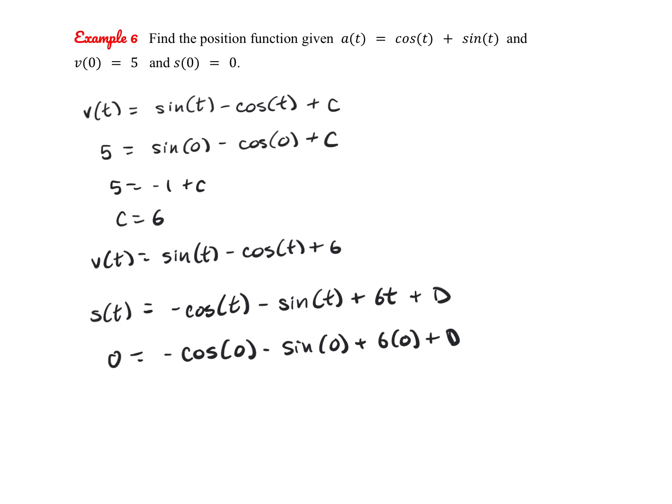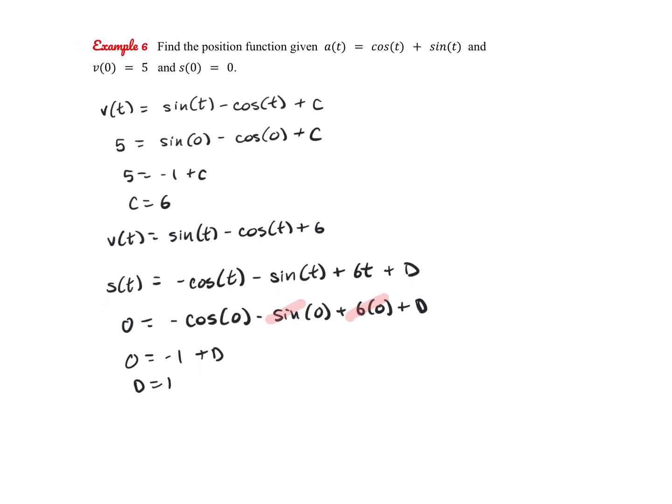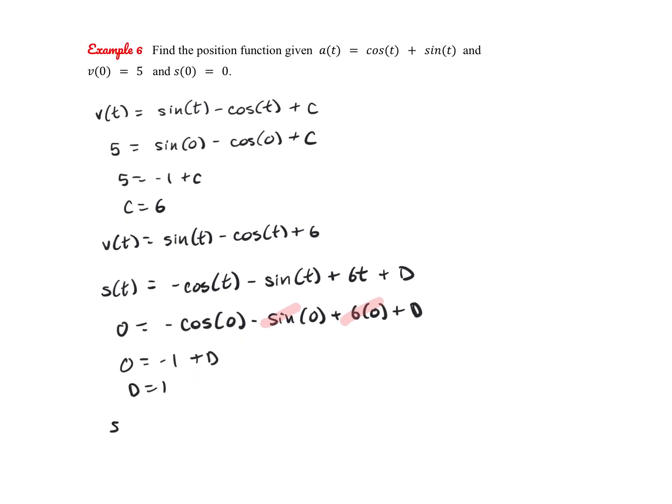So this is 0, so this will disappear, and we have 0 equals negative 1 plus d, so d is 1. So our position function, so our final answer, would be negative cosine of t minus sine of t plus 6t plus 1.